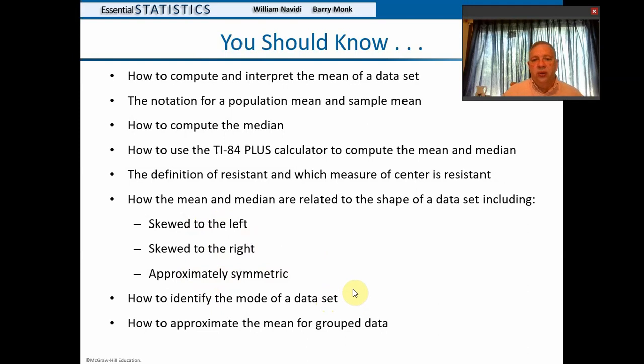I just count up all the data values and see which one occurs most frequently. And then how to approximate the mean for grouped data. I do the midpoint, multiply it times its frequency. I do that for each class, the midpoint being the average between the lower value and the next lower value for the class.